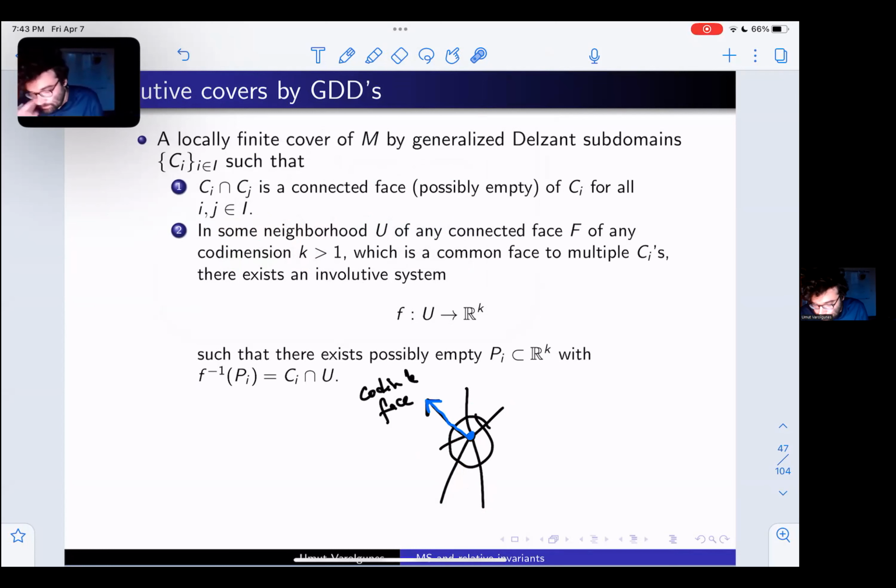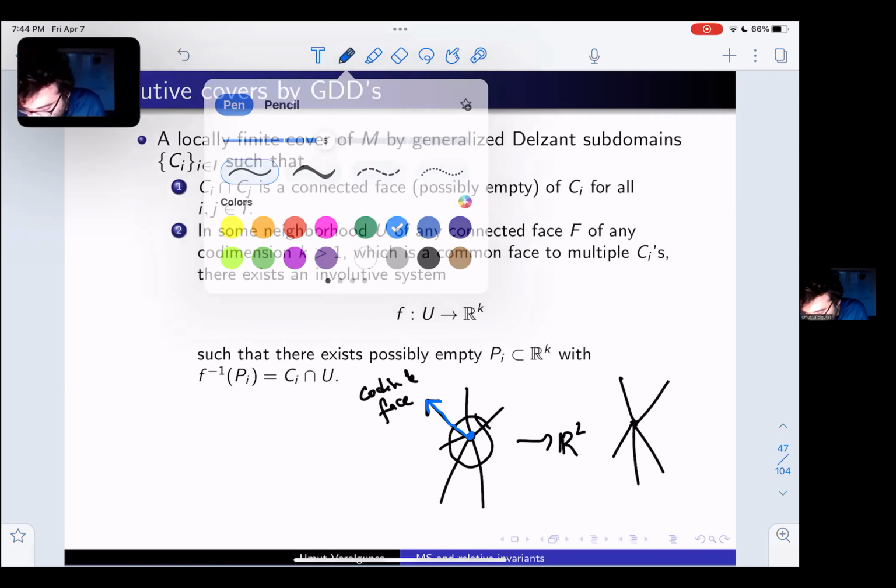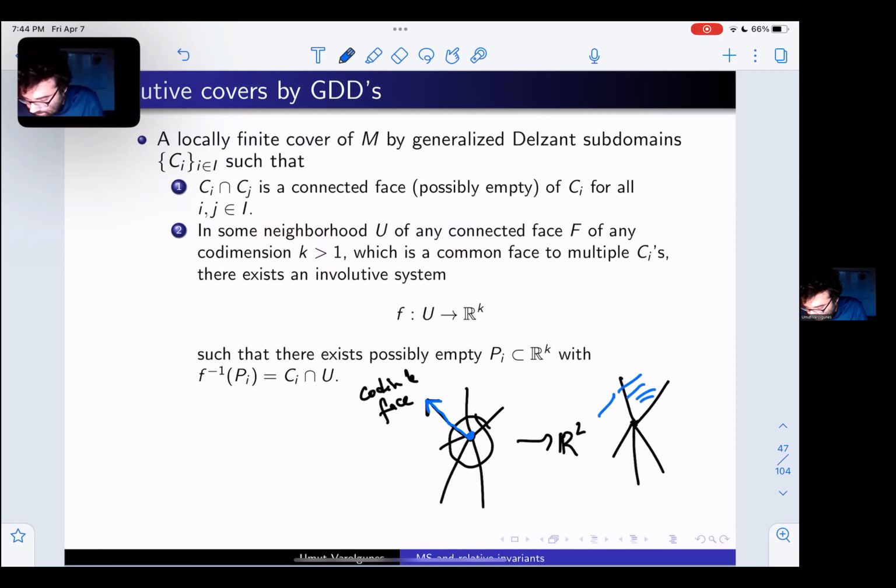But a weaker statement: let's say this is codimension 2, so there should be a map to R2, and in the base of this map there should be some decomposition. And only in this neighborhood, the subsets should be obtained by looking at pre-images.